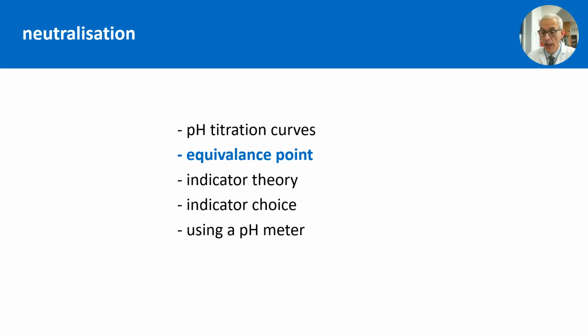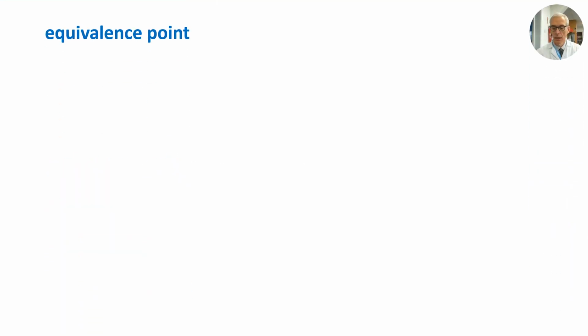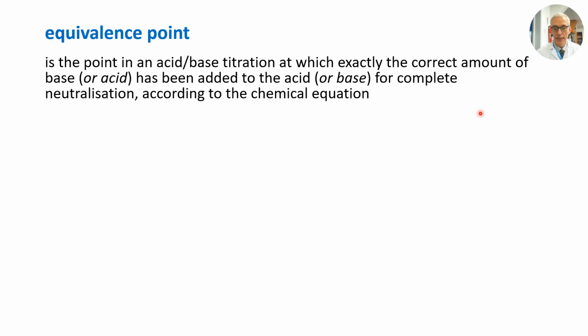The meaning and determination of equivalence point. So the equivalence point is the point in an acid-base titration at which exactly the correct amount of base or acid has been added for complete neutralization according to the chemical equation.